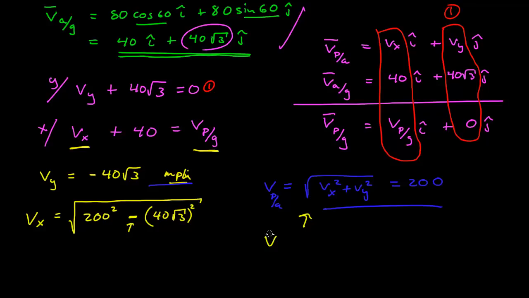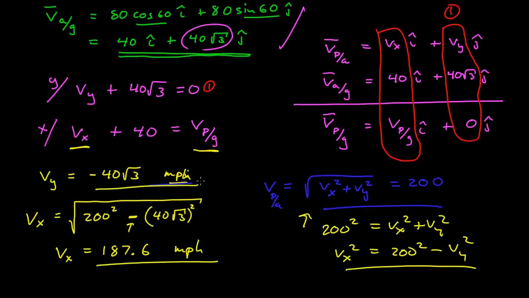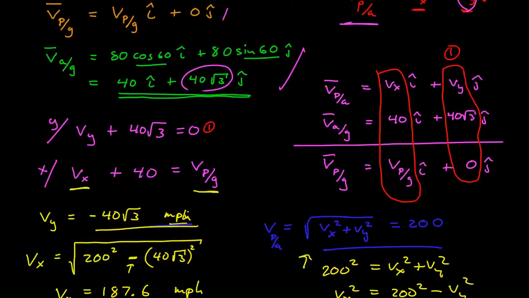If I square both sides, I get 200 squared is equal to vx squared plus vy squared. So vx squared is equal to 200 squared minus vy squared. So that's where that minus comes from. But now I can put this in my calculator, and I get that my vx is equal to 187.6 miles per hour. Okay, so that gives me my components.